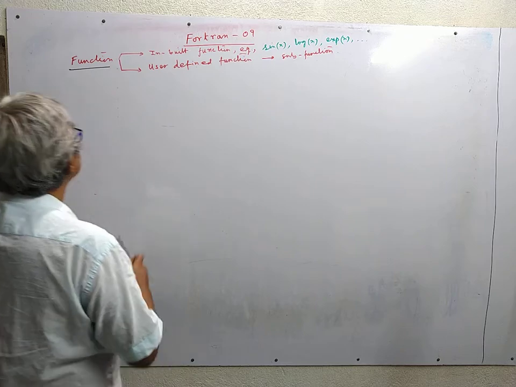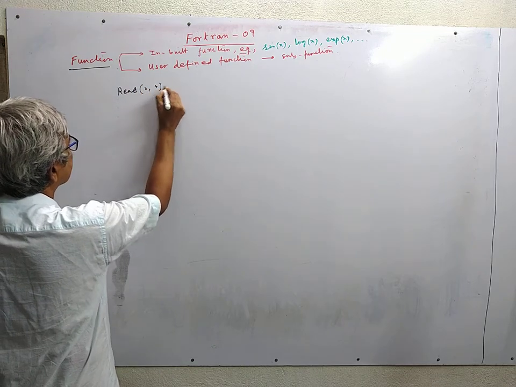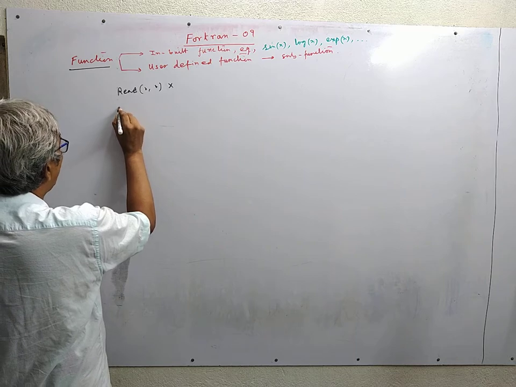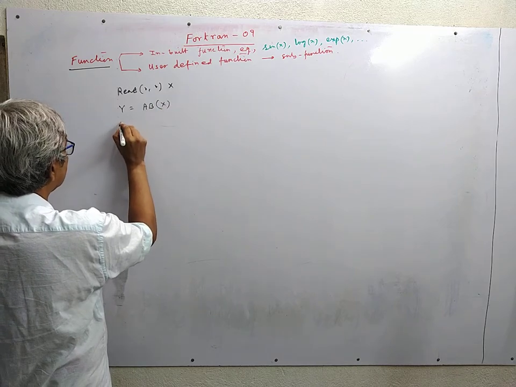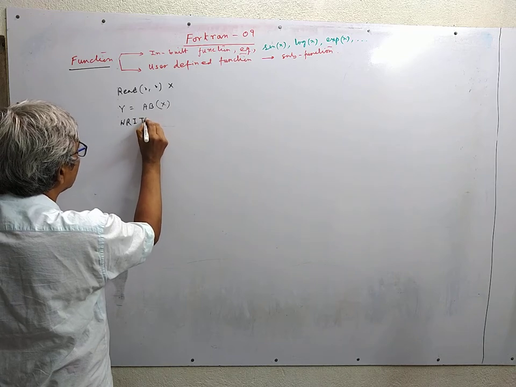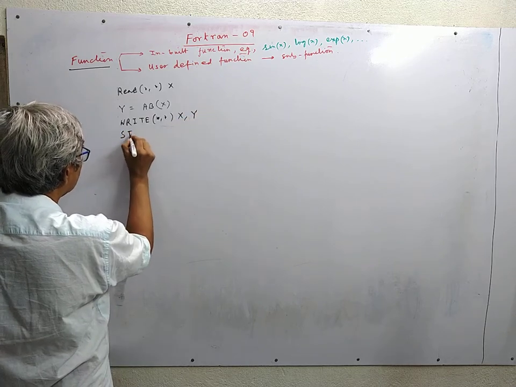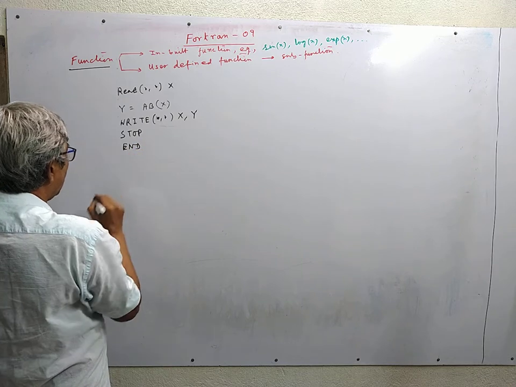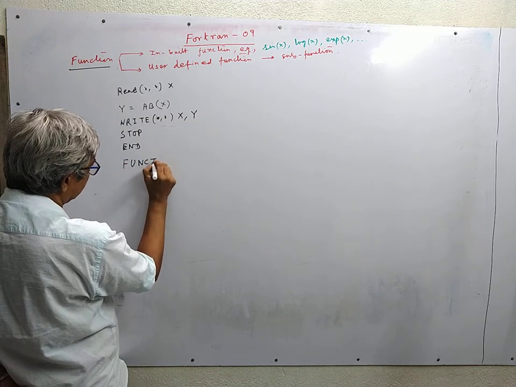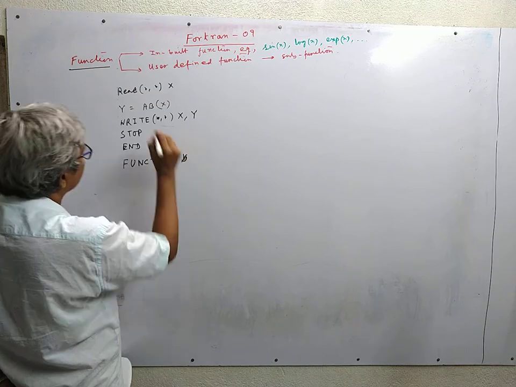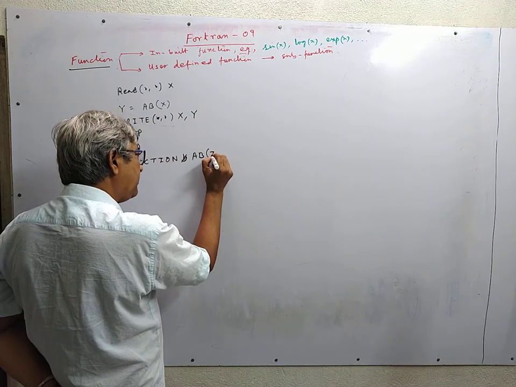I am considering a very simple example. So, read x. y is equal to ab of x. Then function ab, the name of the function, and the input need not be x.